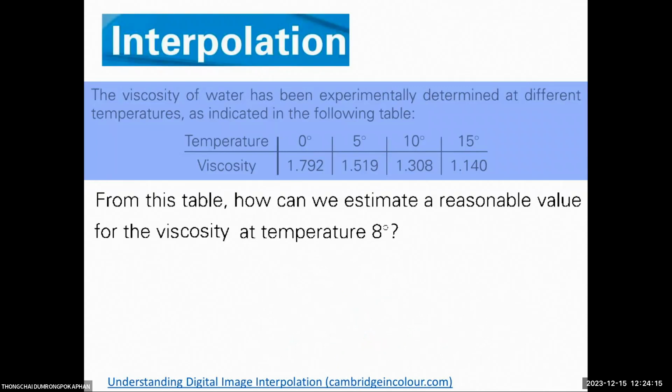Okay. So last time we talked about interpolation problems. This is just an example of an interpolation problem, more like an engineering or science problem. The viscosity of water has been experimentally determined at different temperatures, indicated in the following table. So they have the relationship between the temperature and the viscosity.